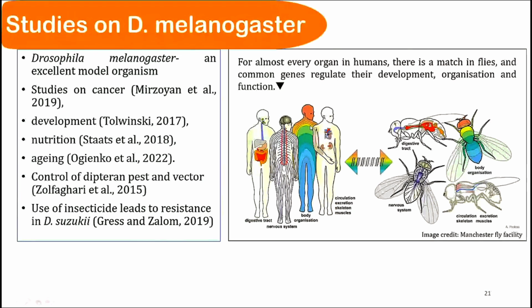Again, you can see the prothoracic, mesothoracic, and metathoracic segments getting distinguished in Drosophila, and in the same way in the human body as well. Even in the abdominal segments, the genes are expressed in a similar pattern, and these genes get expressed in human beings also with respect to the body organization.